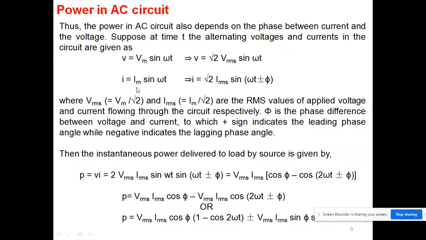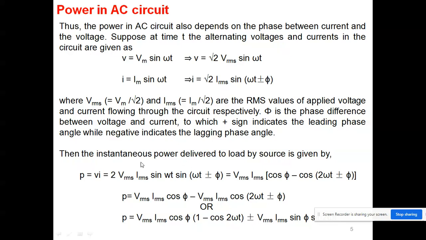These are the peak values. If I write in terms of the RMS value, it will be divided by root 2. And phi is the phase difference. I am considering plus and minus both because I am taking care of the inductive as well as the capacitive reactance. Plus indicates the leading phase and negative indicates the lagging phase angle.